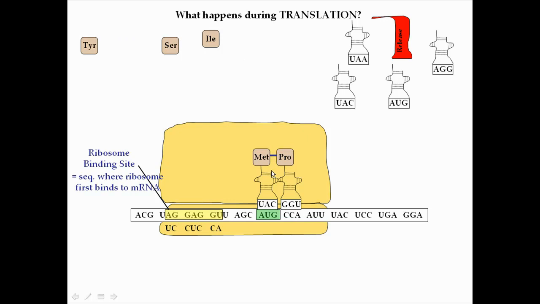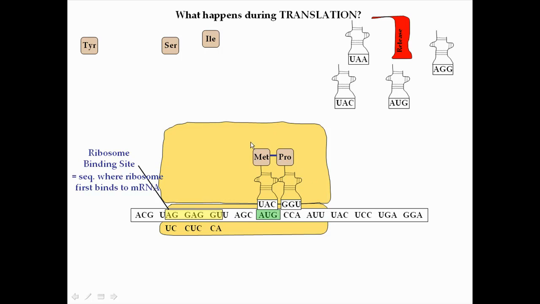And you might also remember that most bonds require some kind of enzyme to catalyze its formation. You remember that most enzymes are made up of proteins. Some enzymes, though, are made up of RNA. And so the enzyme that's catalyzing the formation of this peptide bond here, it's actually the RNA found within the ribosome that's helping to form this peptide bond between these amino acids.